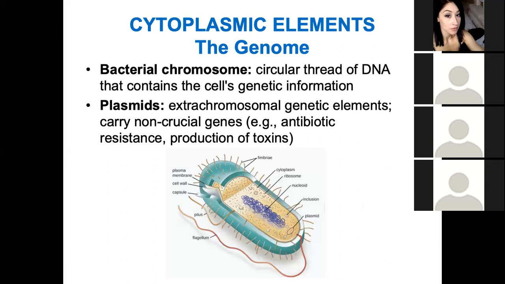The second thing we've mentioned before, included in the cytoplasm, are small circles of DNA called the plasmids. These are outside the chromosome, so they're extrachromosomal. The plasmids often carry extremely useful information. They may carry antibiotic resistance. Often we find that the plasmids confer pathogenic capability to otherwise non-pathogenic bacteria.